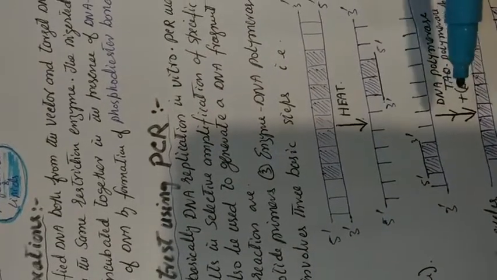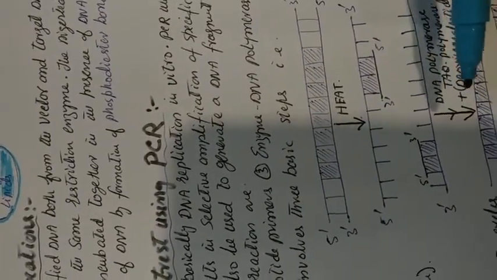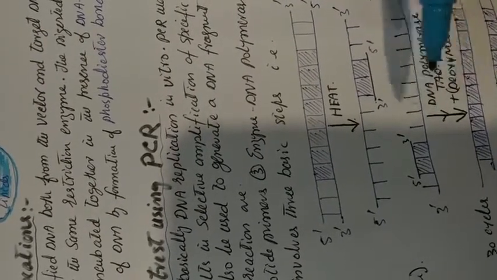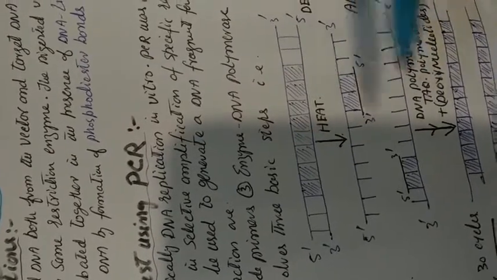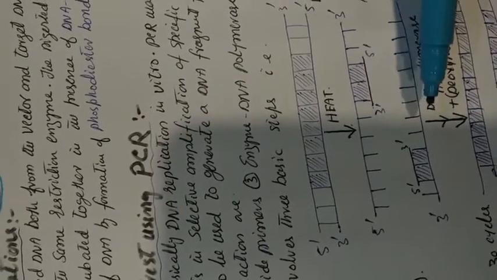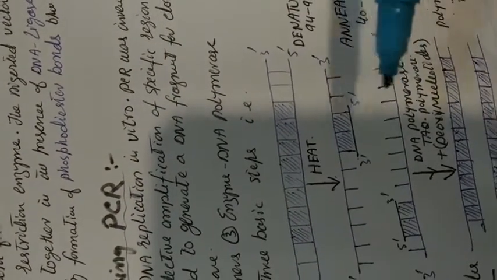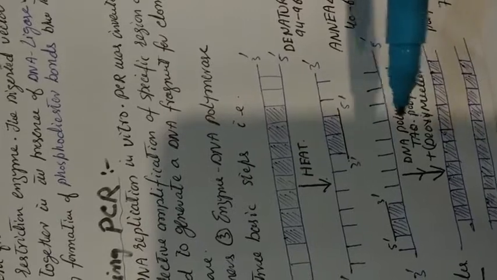In this step, the two oligonucleotide primers are hybridized to each of the single-stranded template DNA, since the sequence of the primers is complementary to the 3' ends of the template DNA. This step is carried out at a lower temperature, usually 40 to 60 degrees Celsius, depending on the length and sequence of the primers.